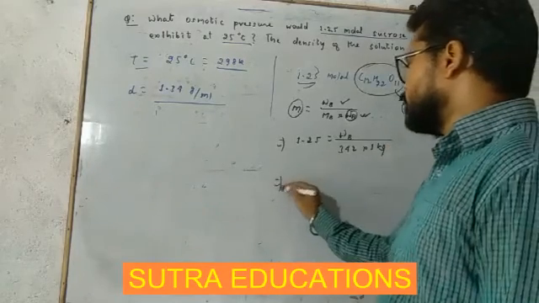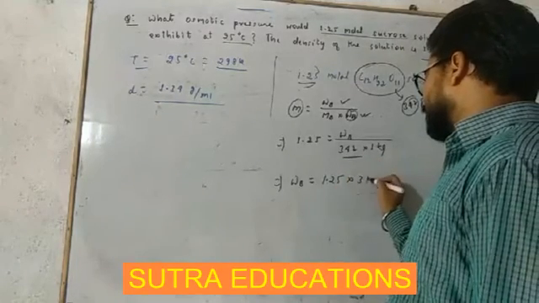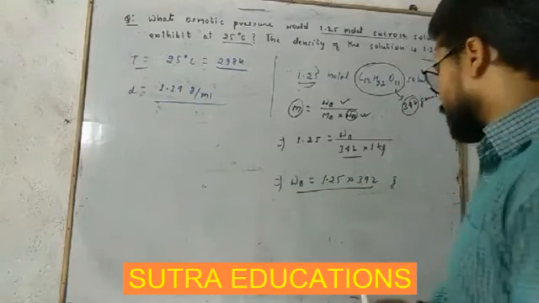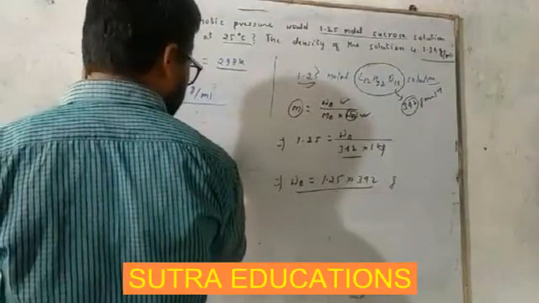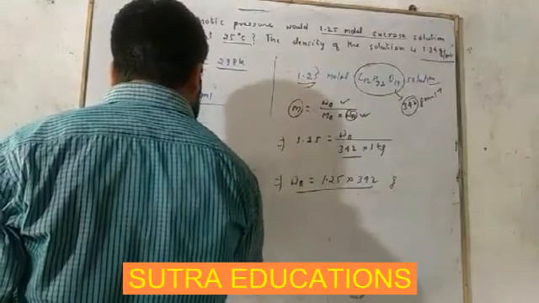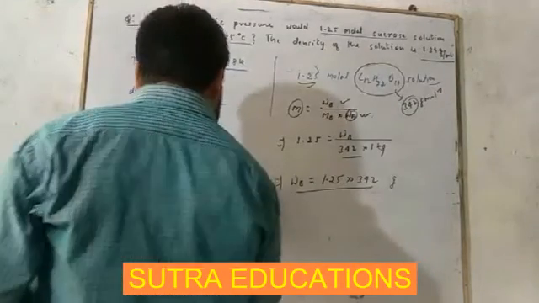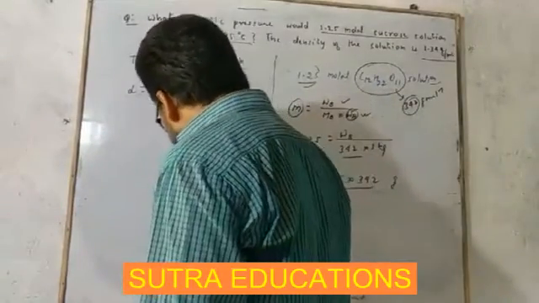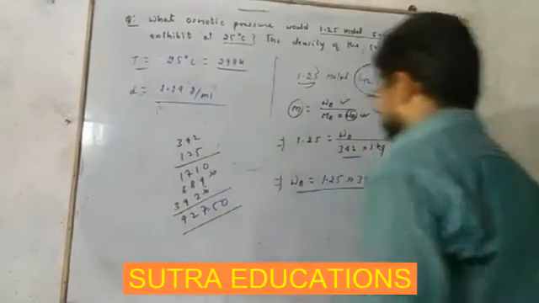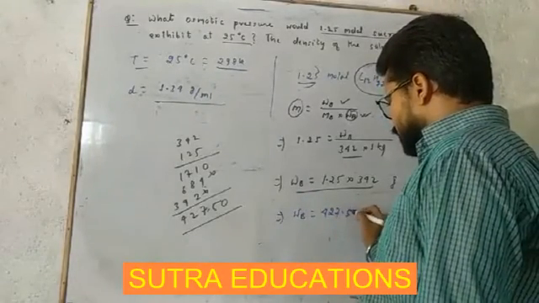So from here WB will be equal to 1.25 into 342 gram, which gives WB equal to 427.5.